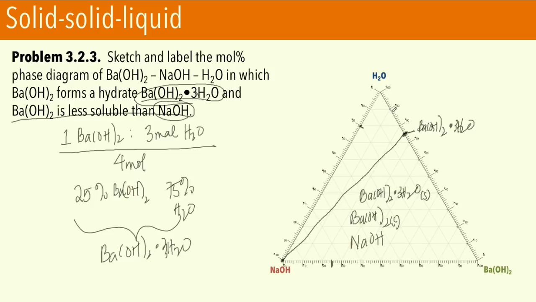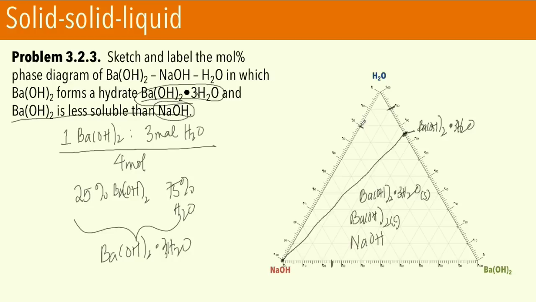Since barium hydroxide is less soluble than sodium hydroxide, less barium hydroxide will form a saturated solution already. Let's say that 10% with 90% water forms a saturated solution. This is going to be our saturation point for barium hydroxide. It's just a qualitative measure. We just want to make sure that this point is higher than this point over here.